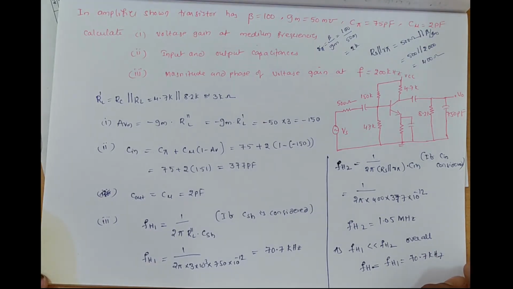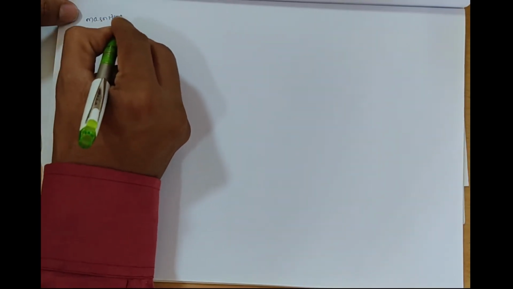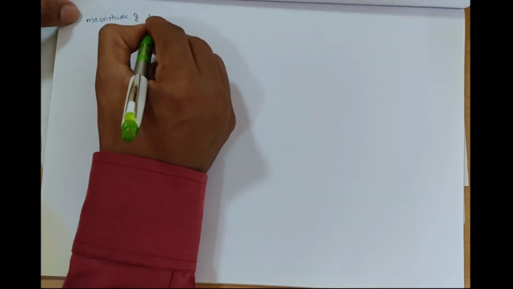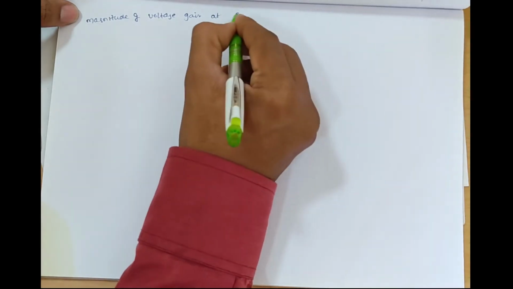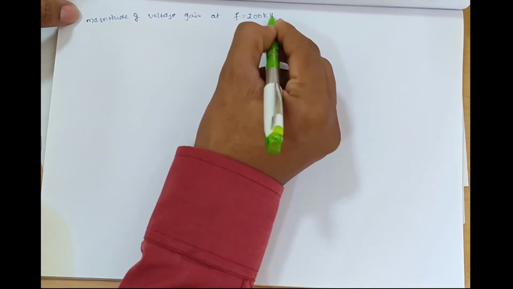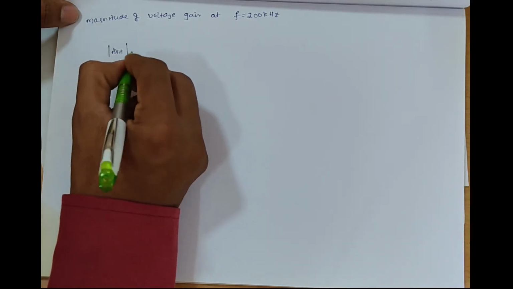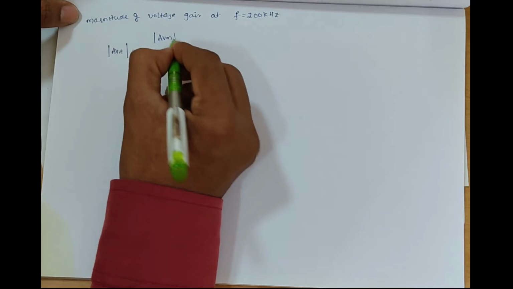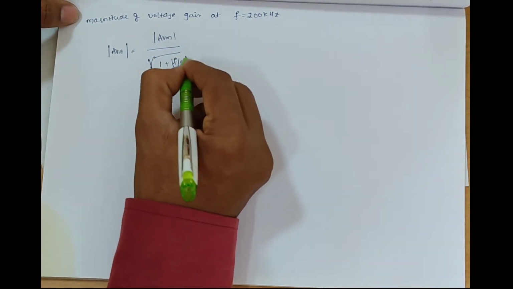Next, we need to calculate the magnitude of voltage gain at F equals 200 kilohertz. We know AVH equals mod AVM divided by the root of 1 plus (F by FH) whole square.